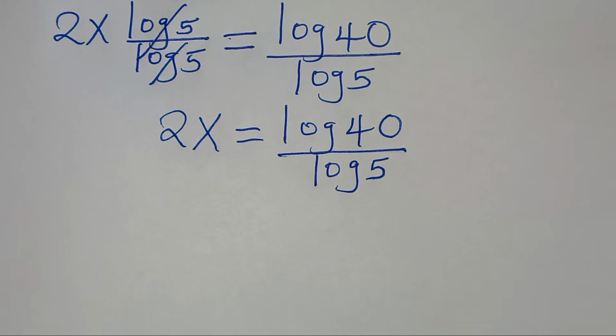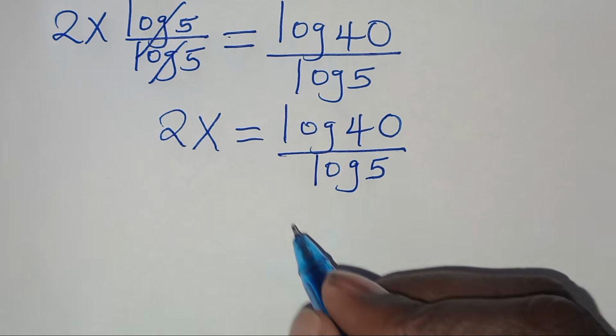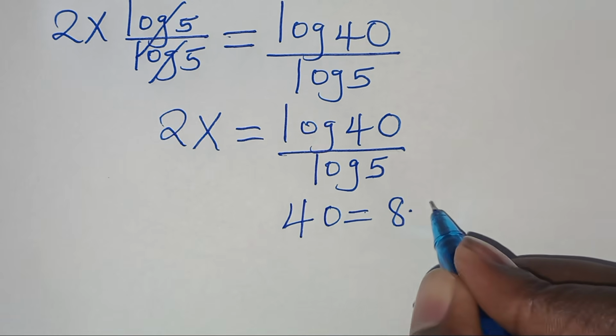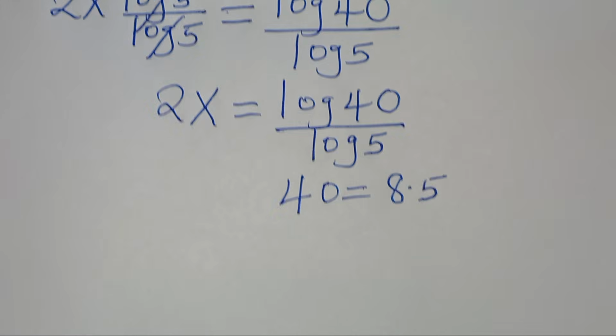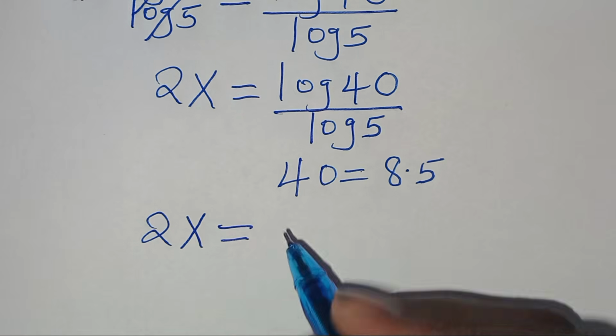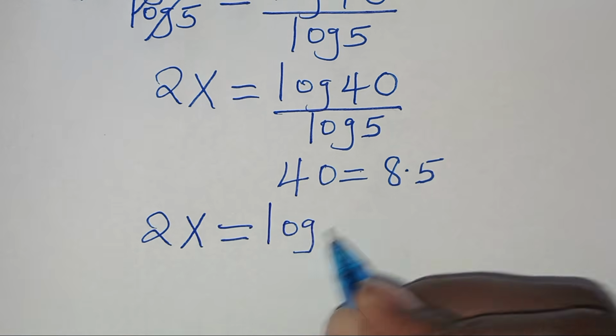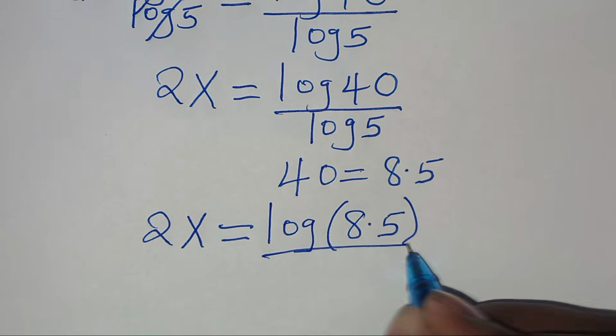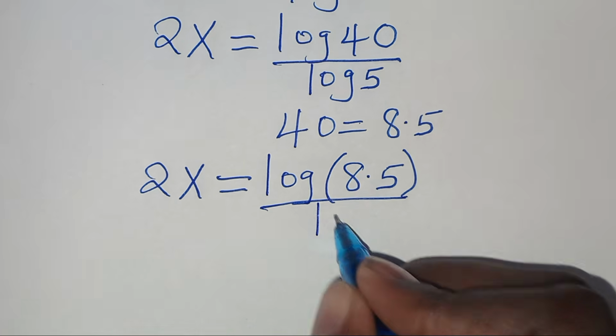Now the next step is that we can express 40 as the same thing as 8 multiplied by 5. So this means we have 2x equal to log of 8 multiplied by 5 divided by log 5.